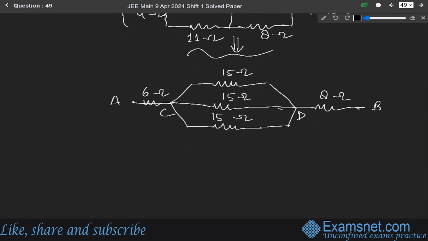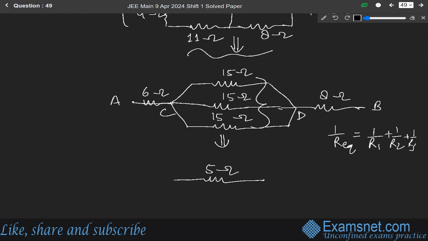Okay, so again these three are in parallel, so using parallel combination, 1 over R equivalent equals 1 over R1 plus 1 over R2 plus 1 over R3. So for these three in parallel combination, we will get this 5 ohm, this is 8 ohm, and this is 6 ohm.